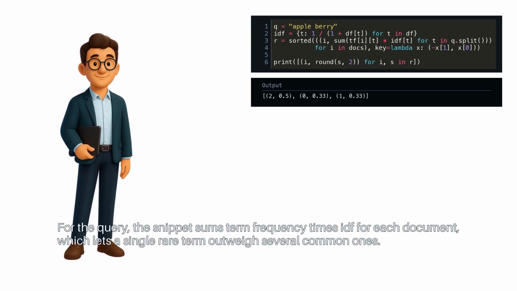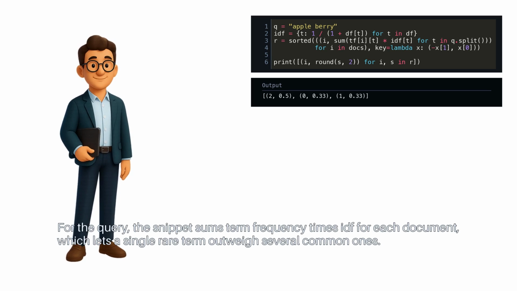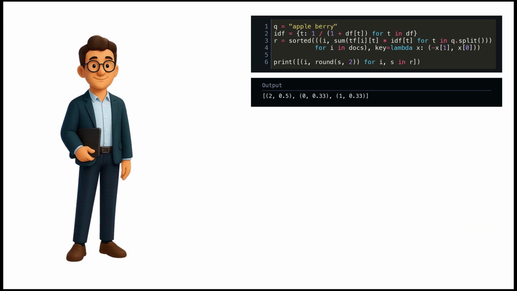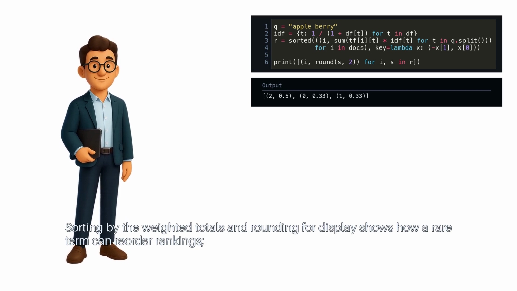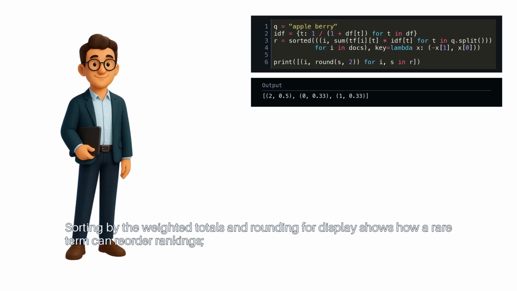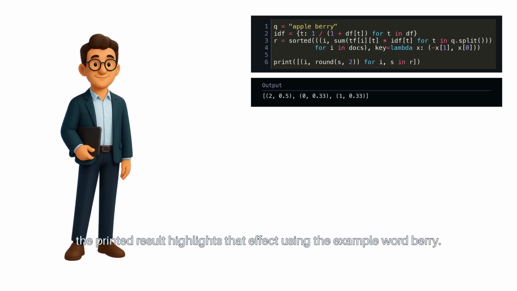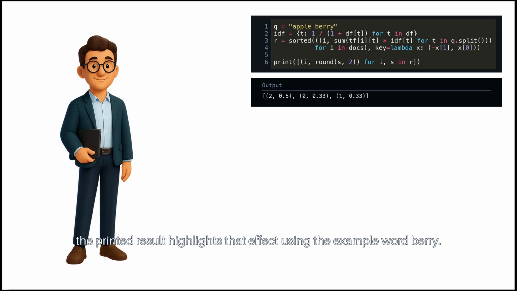For the query, the snippet sums term frequency times IDF for each document, which lets a single rare term outweigh several common ones. Sorting by the weighted totals and rounding for display shows how a rare term can reorder rankings. The printed result highlights that effect using the example word berry.